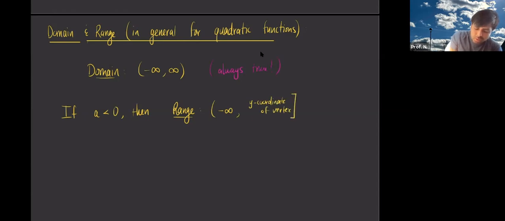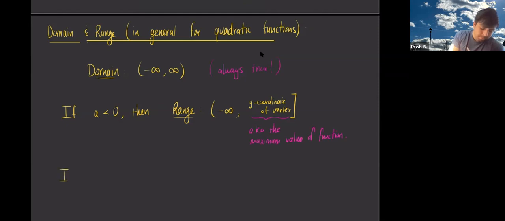And this will also be known as the maximum value of the function. So if my a value is negative, then I have a maximum point, and that maximum point will be the highest y coordinate, which will represent the endpoint to the right of my range.